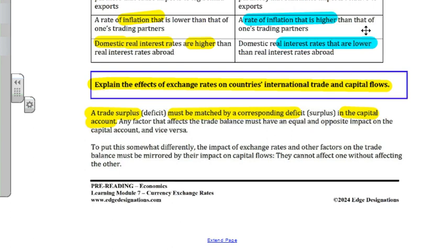Remember, it's called the balance of payments for a reason. The payments need to balance. So if you've got a surplus on the current account, you'll have a deficit on the other. And of course, that has a strong impact onto the foreign exchange markets. The impact of exchange rates and other factors on trade balance is mirrored by their impact on capital flows. They each have an impact one on the other.